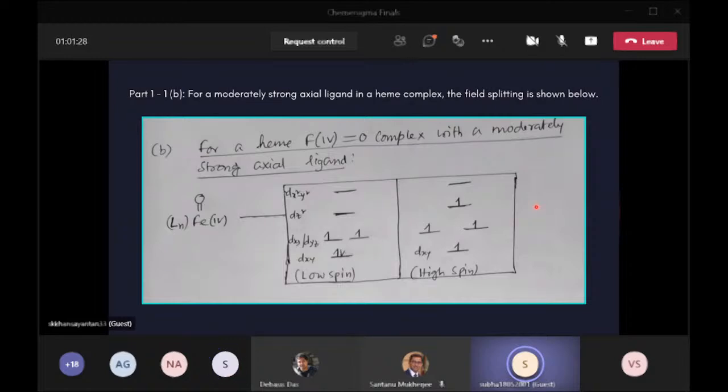From these references, we got to know that depending on the nature of the moderately axial ligand, it was found to be arranged in this manner, but it may change depending on the structure and also some geometrical aspects and orientations of the ligand.